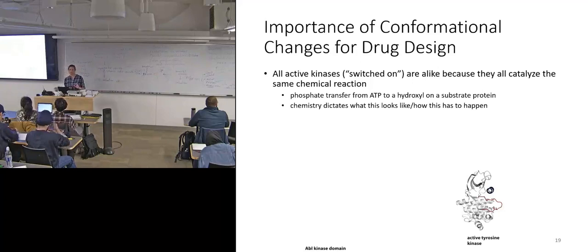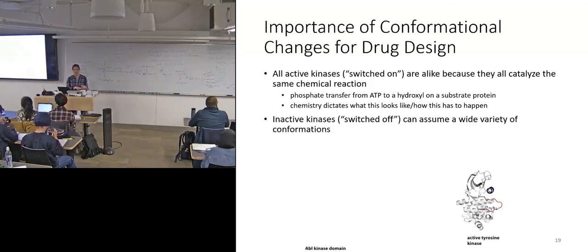So kinases are all generally going to look the same when they're in an active conformation and they're actually participating in this phosphorylation or this phosphate transfer. But when a kinase is sort of switched off or inactive, it's not receiving ATP and it's not going to participate in this type of chemical reaction. There's a whole slew of conformations it could possibly be in that are all sort of slightly different.